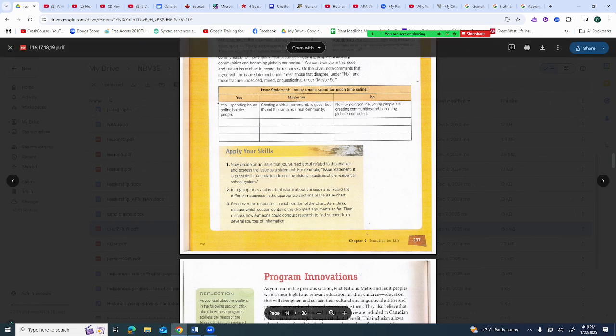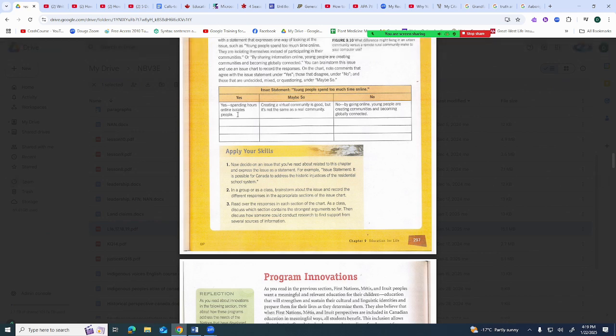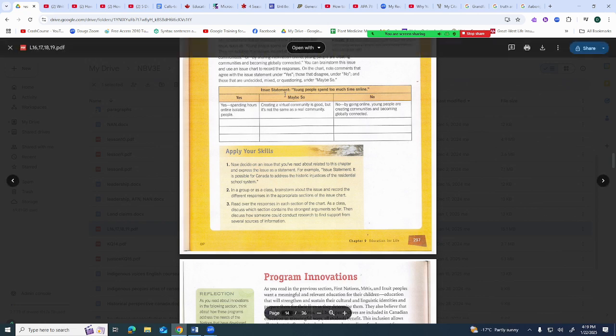So the issue is young people spend too much time online. Under yes, we put spending hours online isolates people, and notice that there's places there for you to put other supporting thoughts that would say, yes, young people spend too much time online.